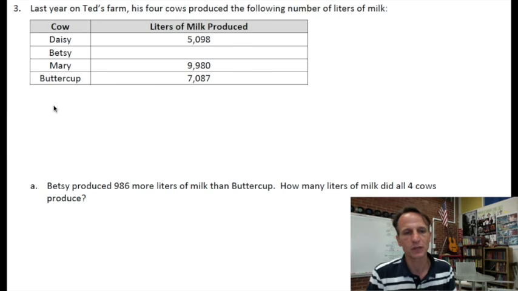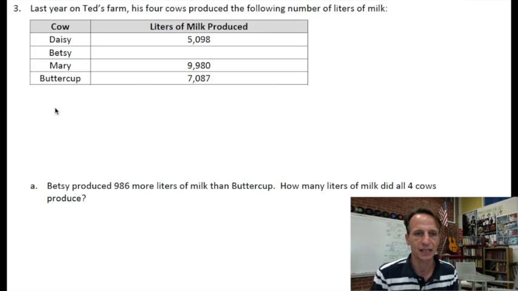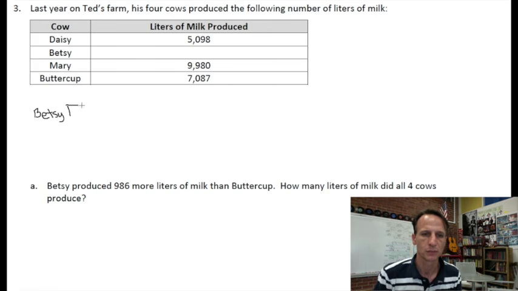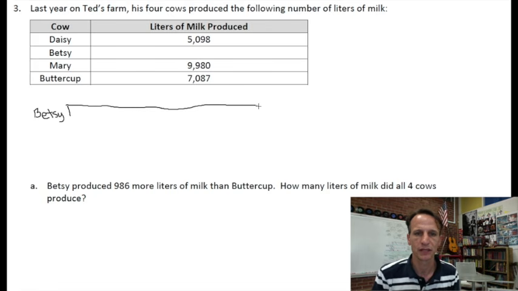All right, so let's figure out Betsy first. We know that if we take Buttercup, so let's try to find Betsy, okay? We'll just make a quick little tape diagram. Tape diagrams are quick and easy. That's one of the many things you can love about them. So Betsy is going to be Buttercup, right?